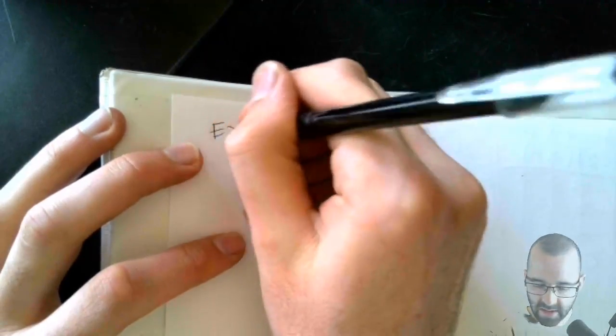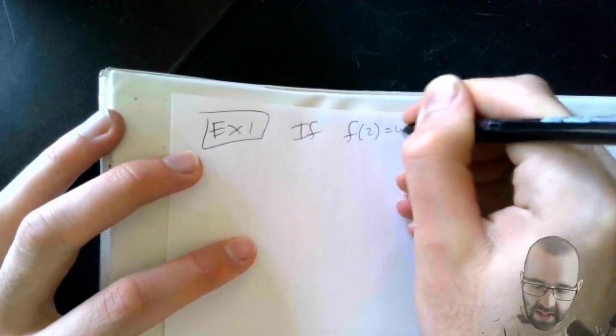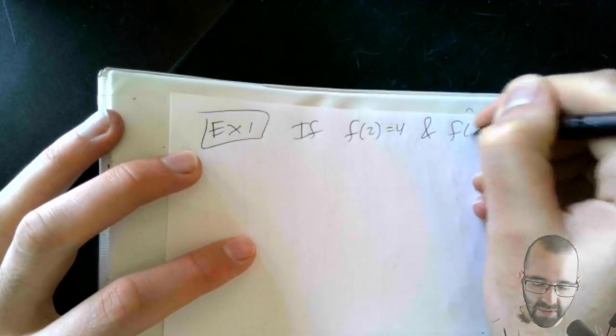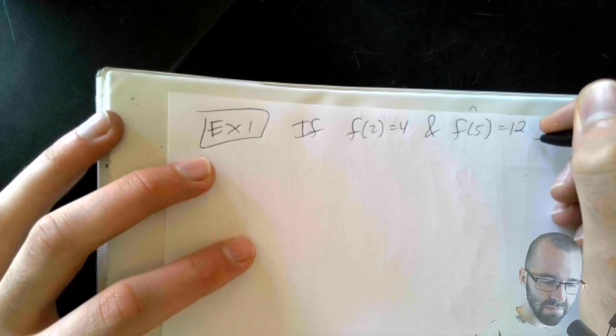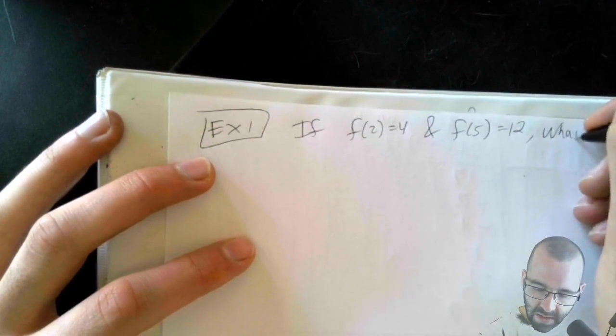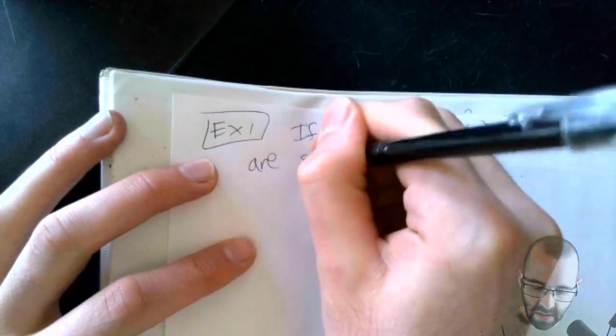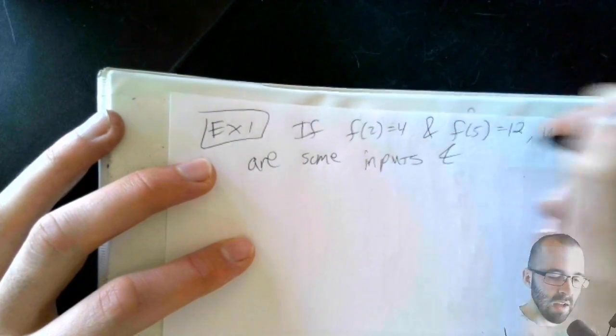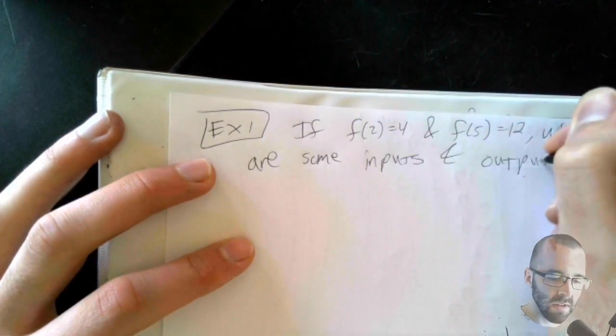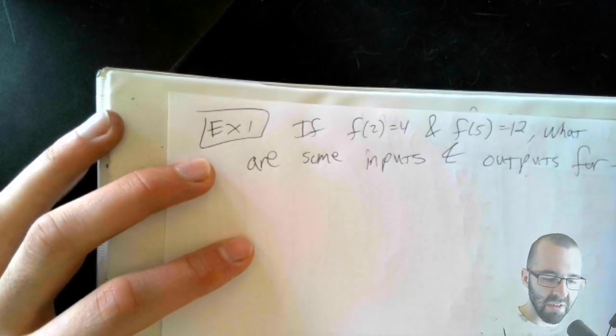Example 1. I promise we don't have as many examples as in the last section. So if f of 2 equals 4 and f of 5 equals 12, what are some inputs and outputs for f inverse?